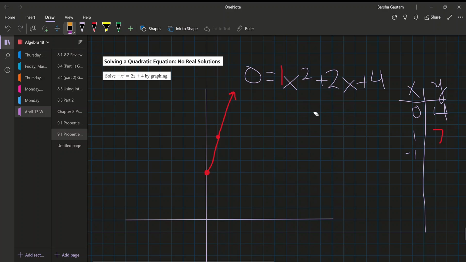So negative 1 to the power of 2 is 1. Negative 1 times positive 2 is negative 2. And then plus 4. 1 minus 2 is negative 1, plus 4. Negative 1 plus 4 is positive 3.